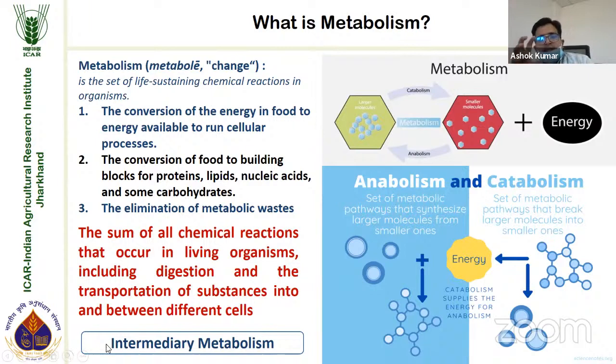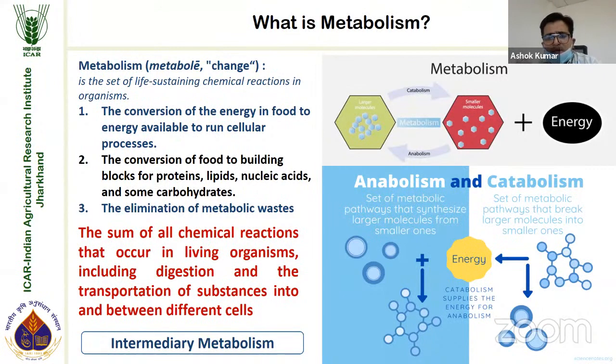Intermediary metabolism is a subset of metabolism, where we consider the life sustaining chemical processes confined within a cell, whereas metabolism is a wider concept where we consider all the chemical processes within a cell as well as outside the cell. Basically, transportation of metabolites across the cells is also considered in metabolism.